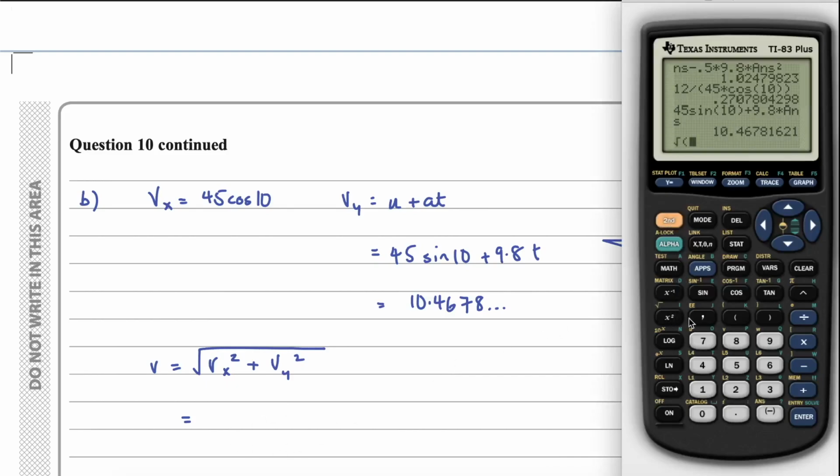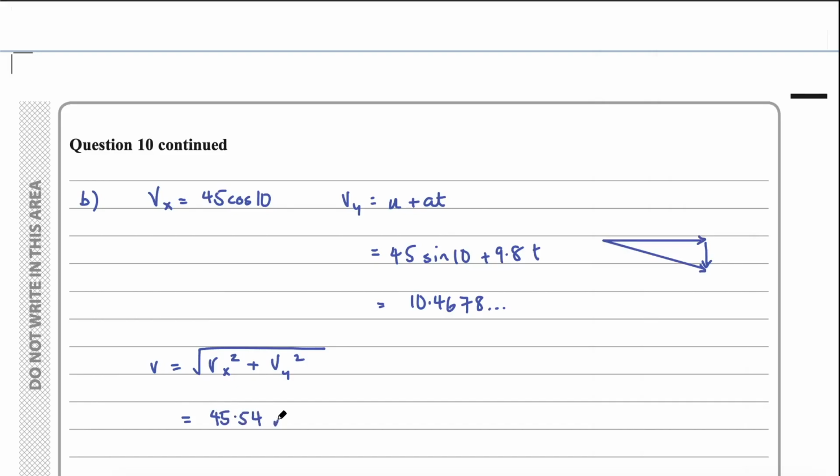So we'll have the square root of 45 cosine of 10, all squared, plus our previous answer for the vertical velocity squared, and we should get an answer of 45.535, etc. So let's round that off to 45.54.